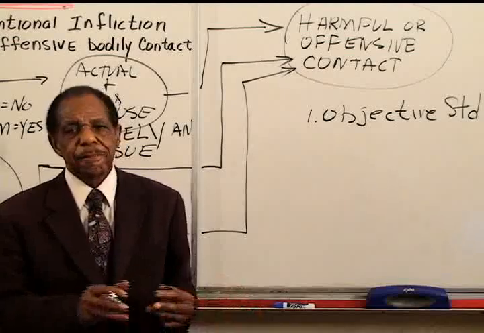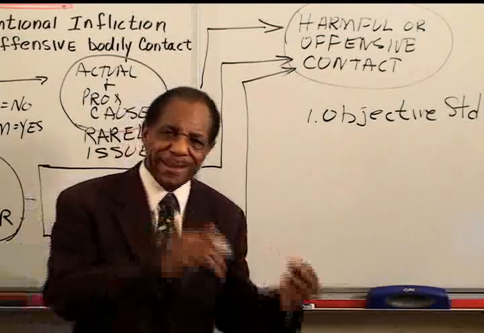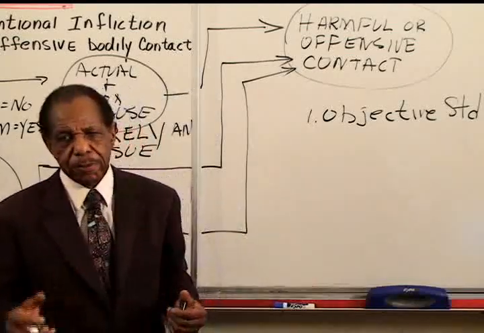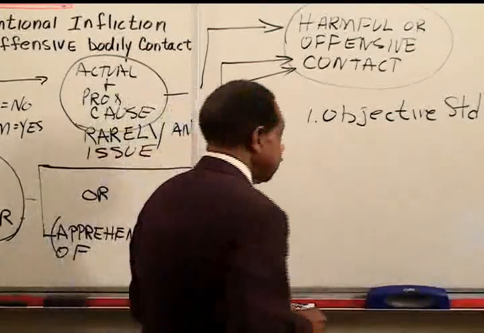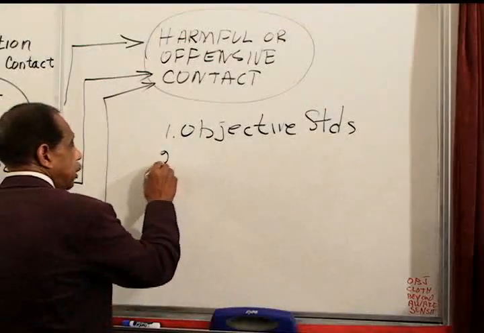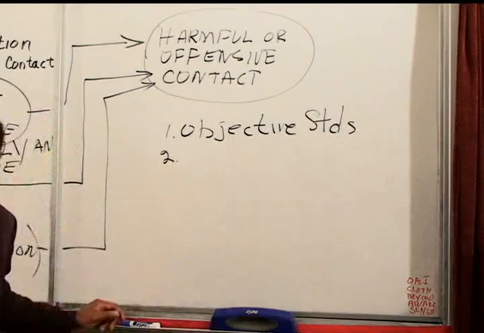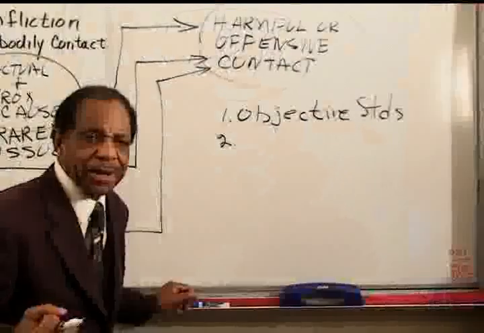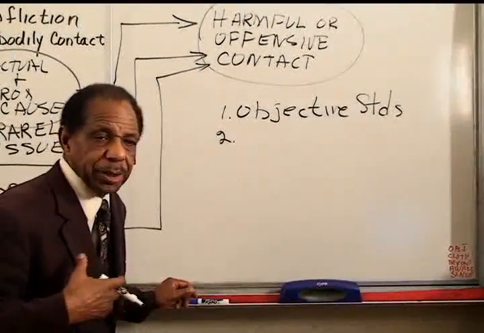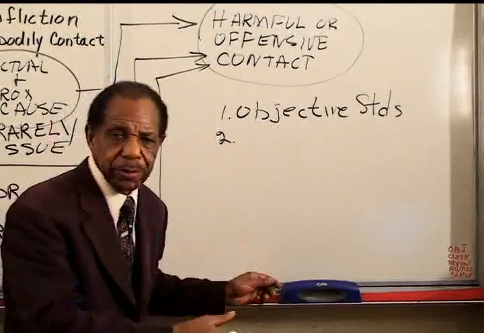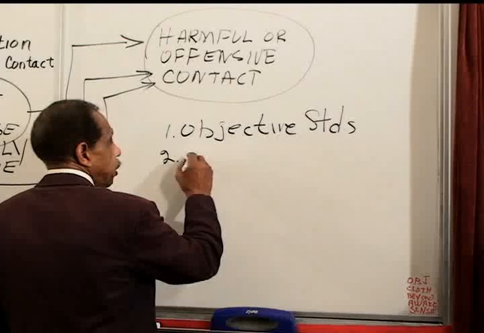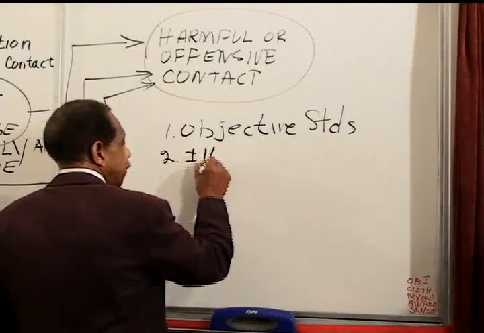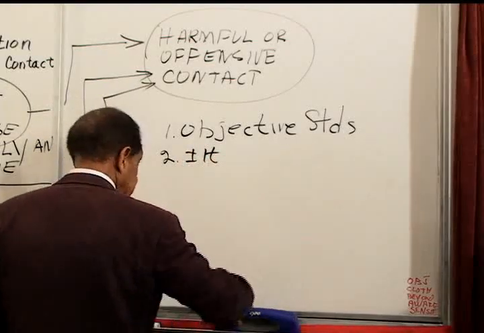It's not the test. Would a reasonable person find that kind of touching harmful or offensive? So objective standards are used, first of all. Secondly, anything which is in close contact with a person's body will do. Touching their clothes, touching their cane, touching their purse, that's all considered sufficient touching. So I'll just put here items in close contact with the body.